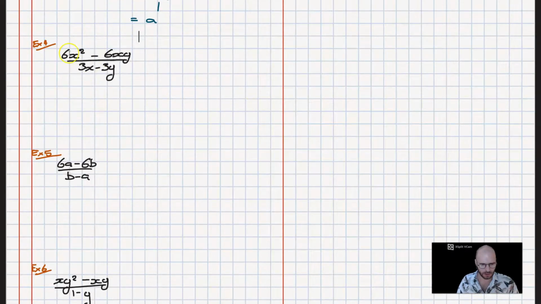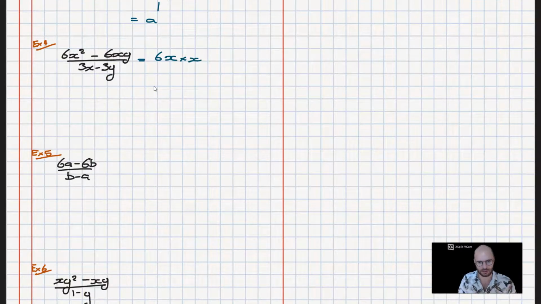Example 4, 6x squared minus 6xy all over 3x minus 3y. Now it's starting to get a little bit more complicated. So again, let's first start off by factorizing the numerator. And we have a 6x times x.